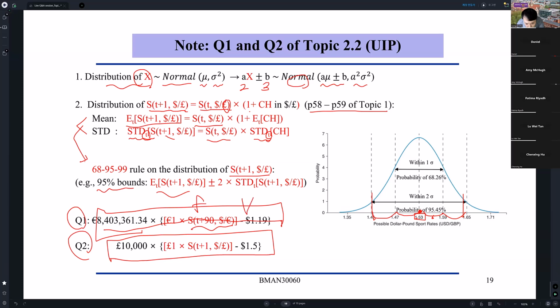In order to solve this and this, you need to start from the 95% bound of the future exchange rate. And this is just a function of the future exchange rate, just like this one. Once you get the distribution of x, you can get the distribution of a times x plus minus b very easily. So we're going to take a look at that from now on.